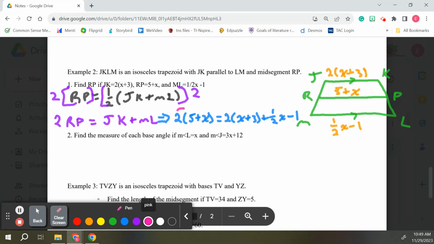All right, I'm going to distribute. So this is going to leave me with 10 plus 2x equals 2x plus 6, and we still plus 1/2 x minus 1.